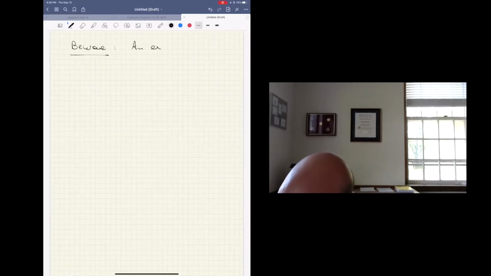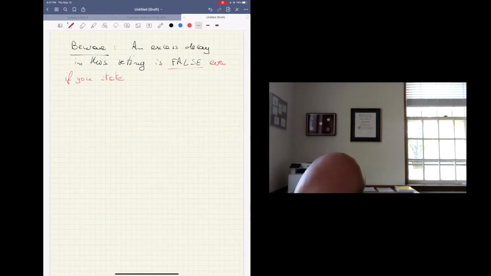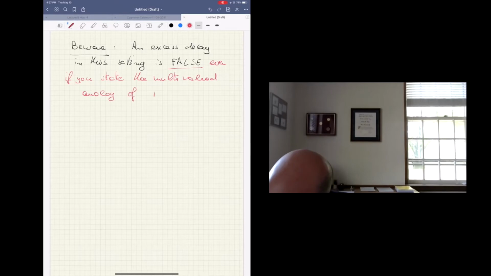So excess decay in this setting is false, even if you find the correct multivalued analog, so even if you state the multivalued analog of De Giorgi.